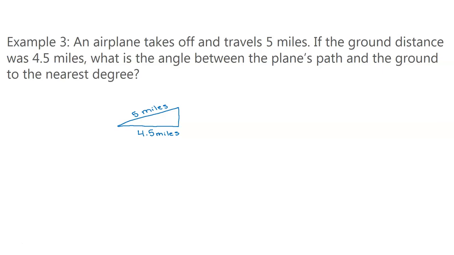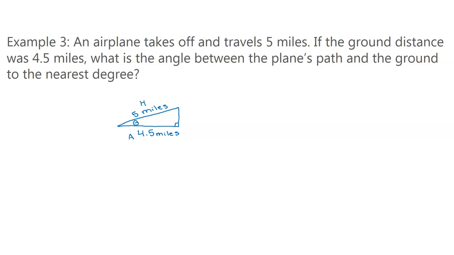So I'm going to create my right triangle now so we can use our trig ratios. And we're looking for the angle between the plane's path and the ground, which is right here. So now 4.5 is the adjacent side and 5 is the hypotenuse.